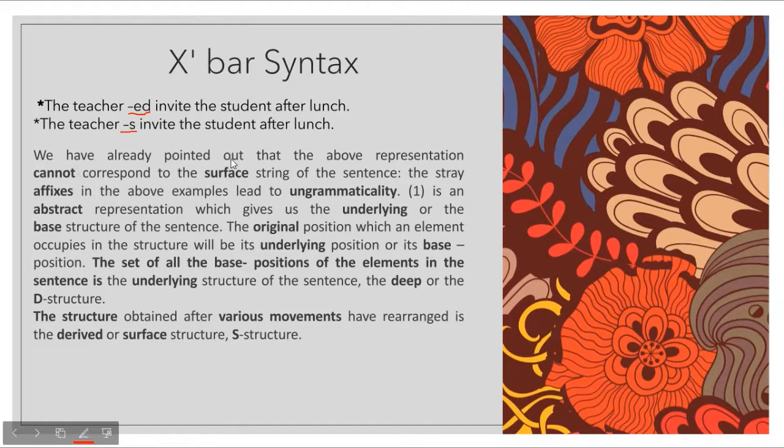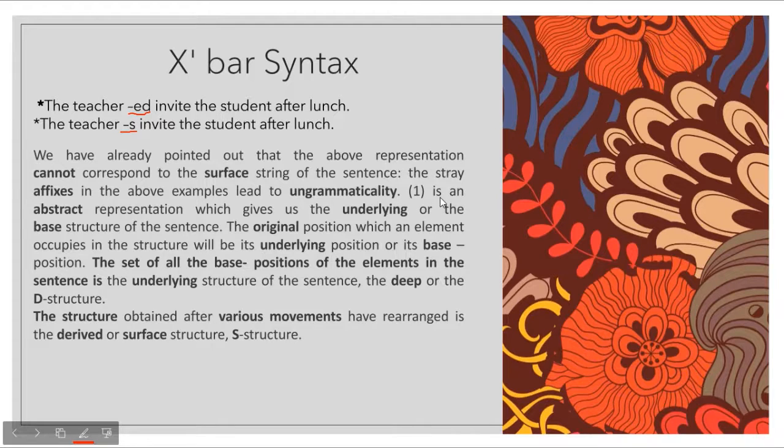We have already pointed out that the above representation cannot represent, correspond to the surface string of the sentence. The stray affixes in the above examples lead to ingrammaticality.